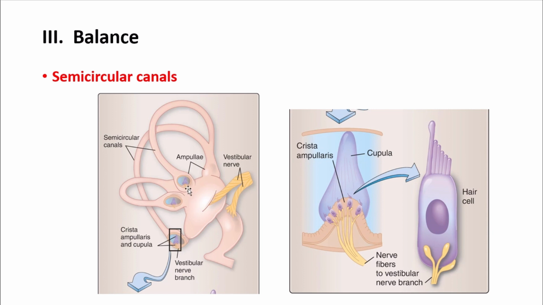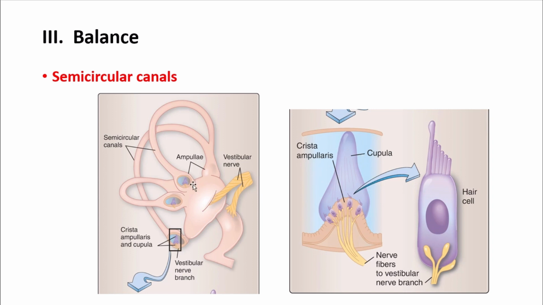This area is made of simple columnar epithelial tissue, and then these are the supporting cells, and you can see these hair cells here. This thing that you see is called the cupula, and this is made of gelatinous protein, and it's floating in the endolymph fluid that is inside the semicircular ducts.